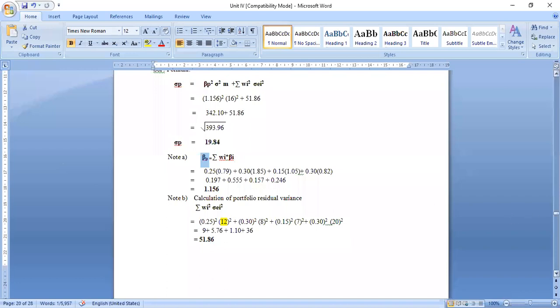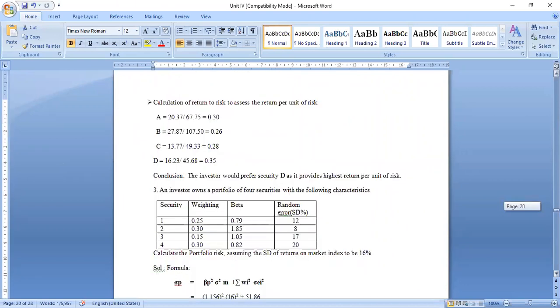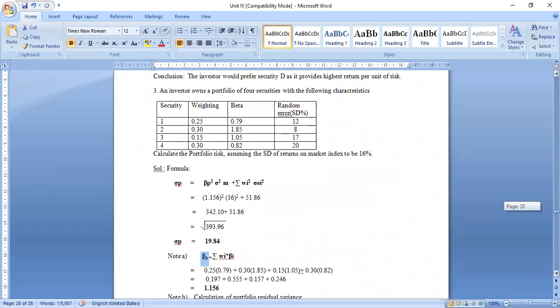Now it is important for us to know the weight for individual securities. When you look at this particular problem, the weights are given as 0.25, 0.30, 0.15 and 0.30, which will be multiplied with the individual beta of securities. So that calculation is shown here.